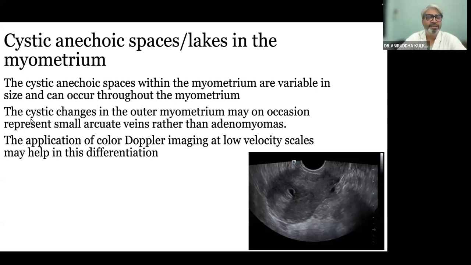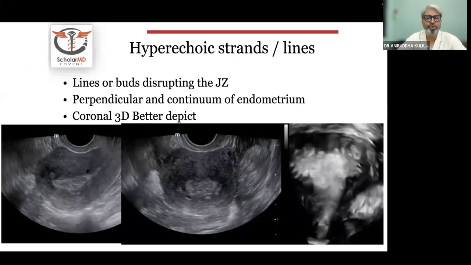The cystic changes in the outer myometrium may on occasion represent a small arcuate artery or vein rather than adenomyosis, which can be easily picked up by just putting on a color Doppler or a power Doppler. Now, this kind of enhancement seen posteriorly is called edge enhancement, and this is not a shadowing. So the next characterization is the cystic anechoic spaces adjoining the endomyometrial junction zone.